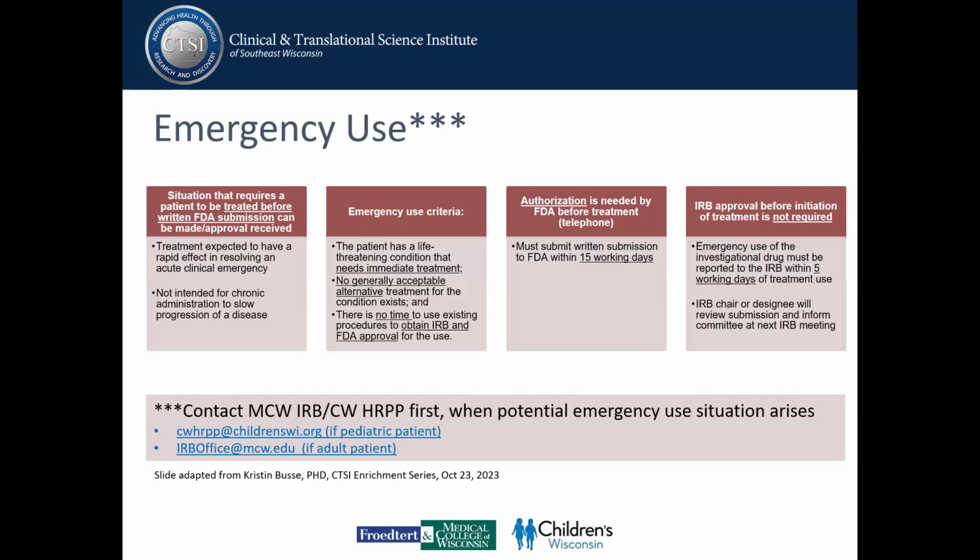You definitely want to use the terminology for the specific type of drug or device. So if you have a drug, you want to use treatment use or expanded access. Devices, it's almost always going to be humanitarian use device or HUD, and that would also route it a different way.